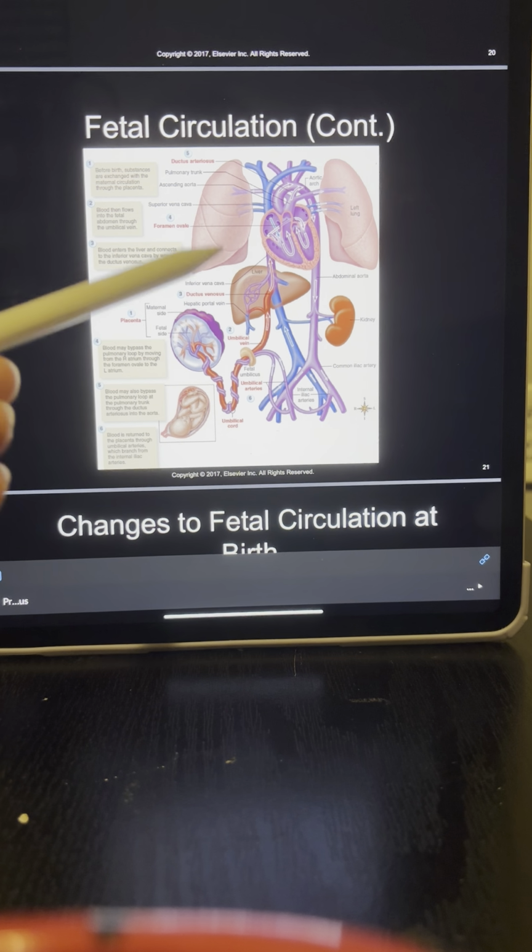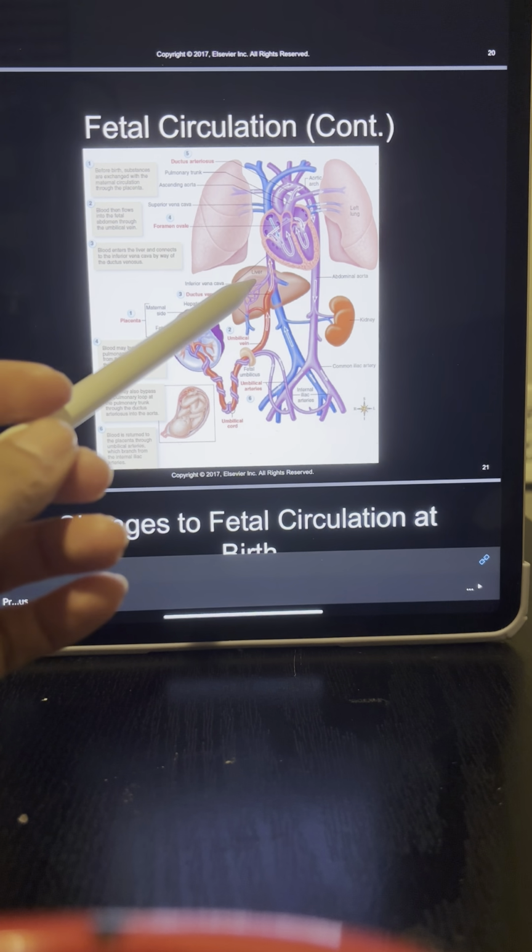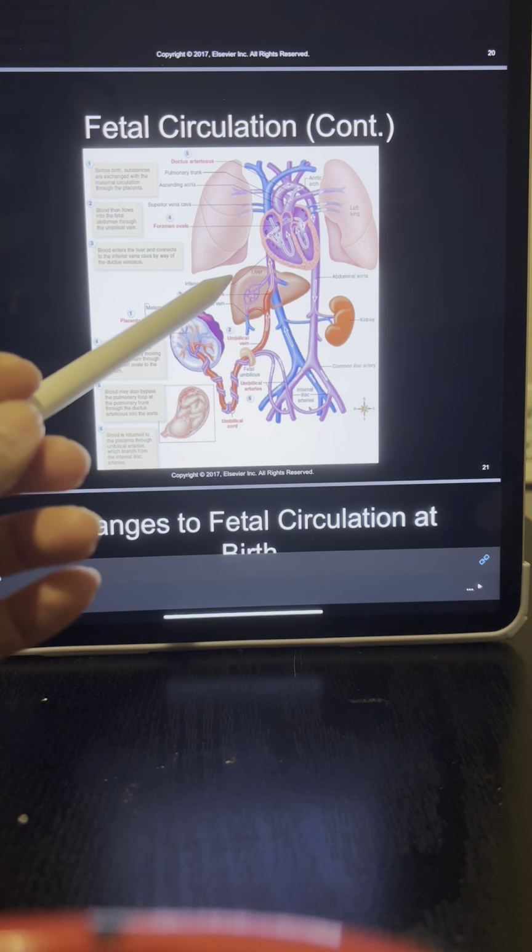So again, our liver only needs enough blood to provide it with nutrients to be able to grow, so that it can function properly once the baby is born. It's not doing any breaking down, so it doesn't need a lot of blood supply, right? So your ductus venosus, you see, is right here.